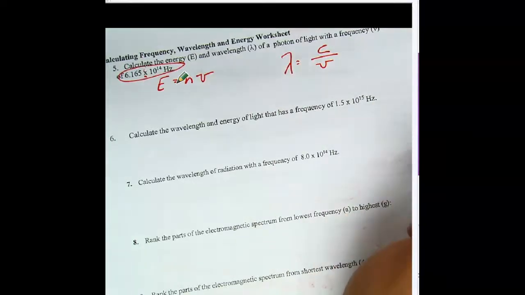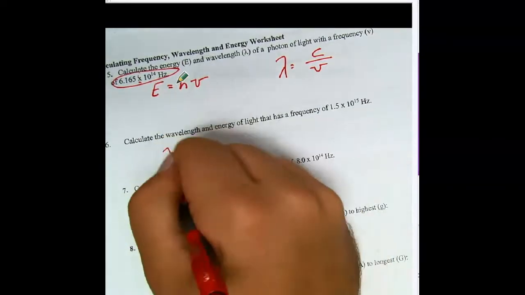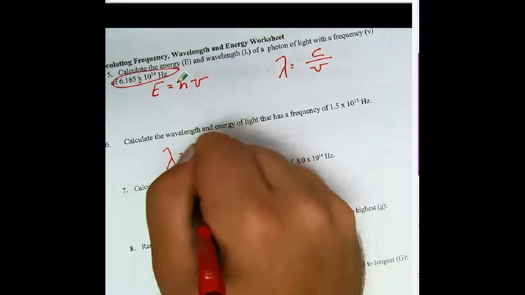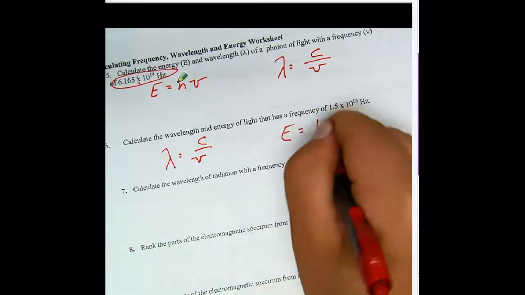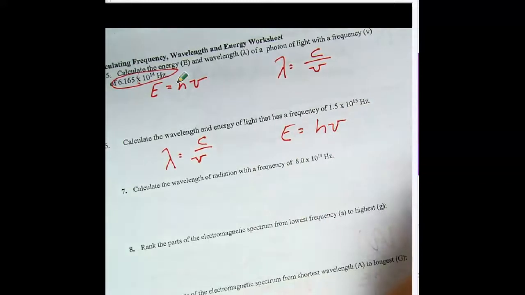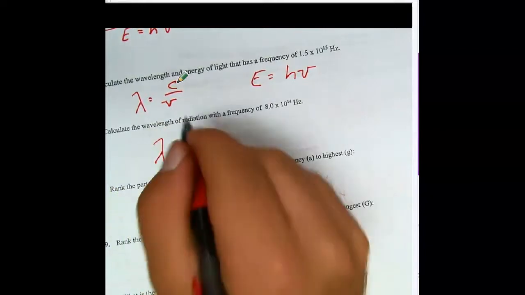Those are the two equations. Same equations down here. To calculate wavelength, you're going to have C divided by the frequency. And to calculate energy, you're going to use H times the frequency. In this equation, the wavelength is equal to C divided by the frequency.